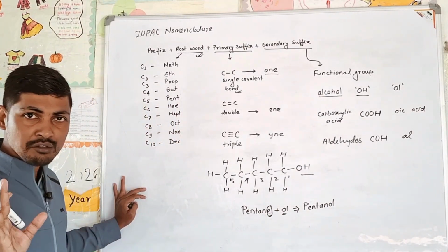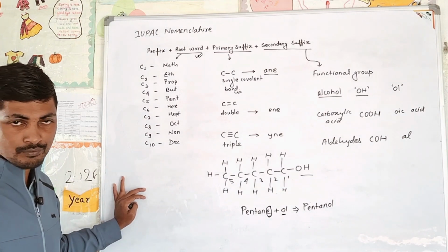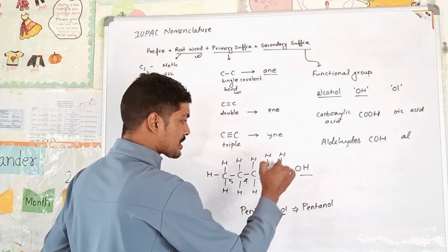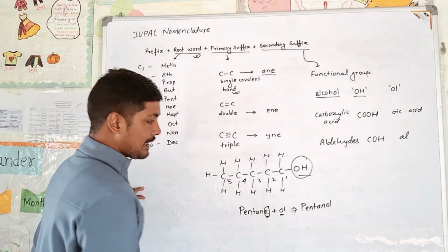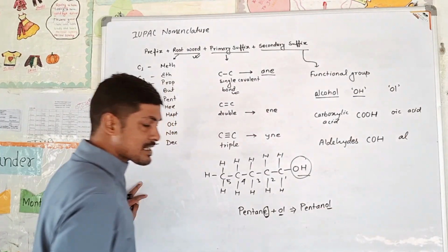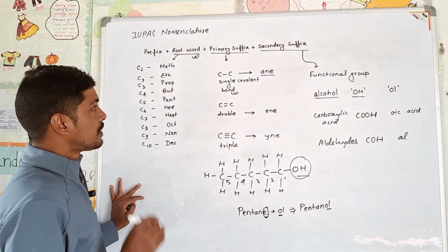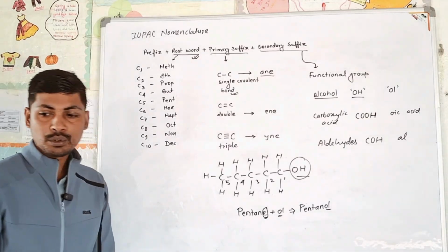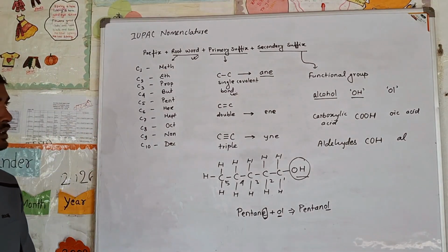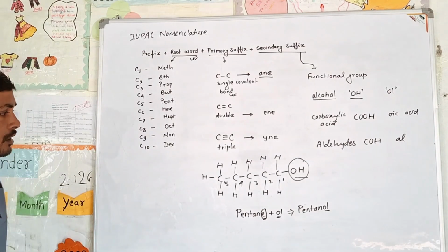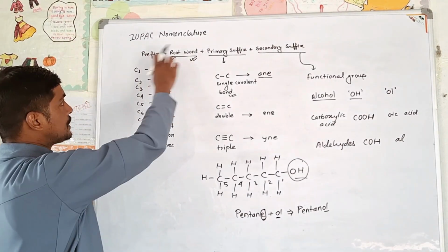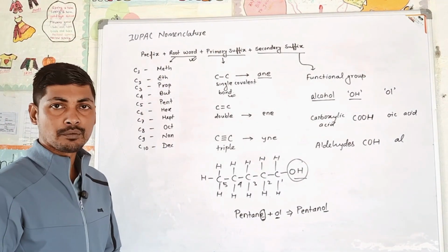Only if there is a vowel do we have to do this. So the name of this compound is pentanol because it contains OH functional group, and here OL suffix is used. In this way, we have to write the IUPAC name of any organic compound by using this simple formula.